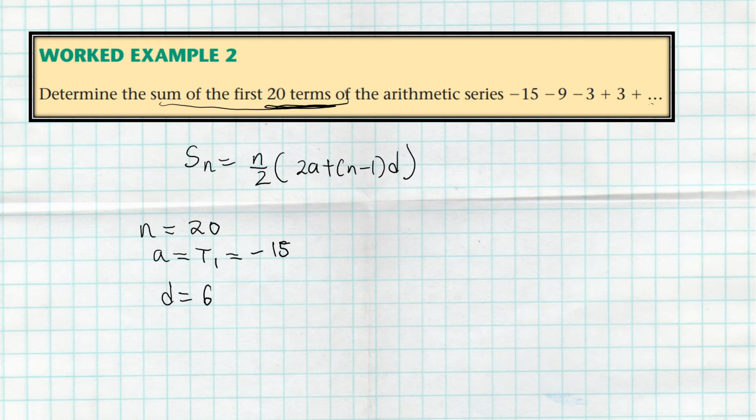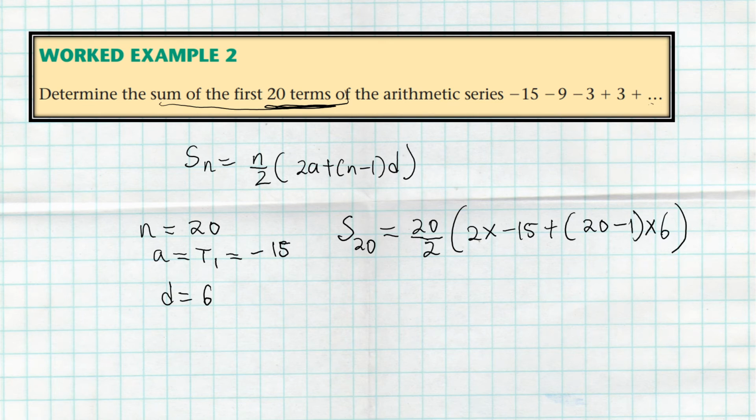Okay, after calculating d, we can now go back to the formula and calculate the sum of the first 20 terms. So the sum of 20 terms, where there is n, I put 20 over 2 multiplied by 2 times our a, which is minus 15, plus our n, which is 20 terms, minus 1, multiplied by d, which is 6, right?